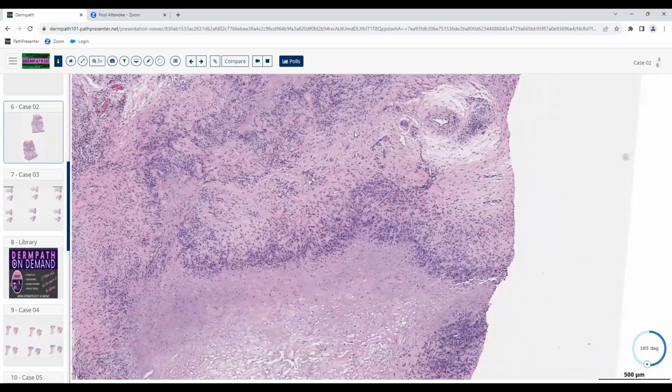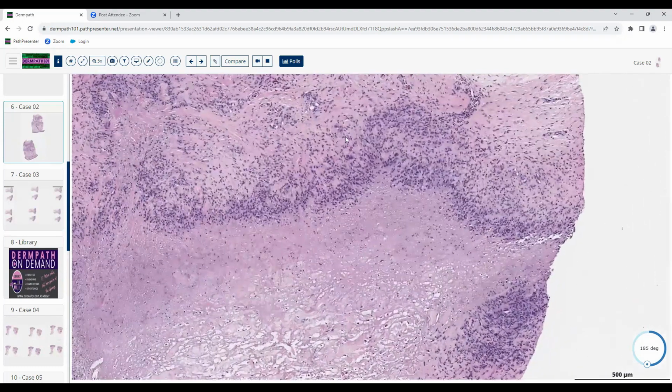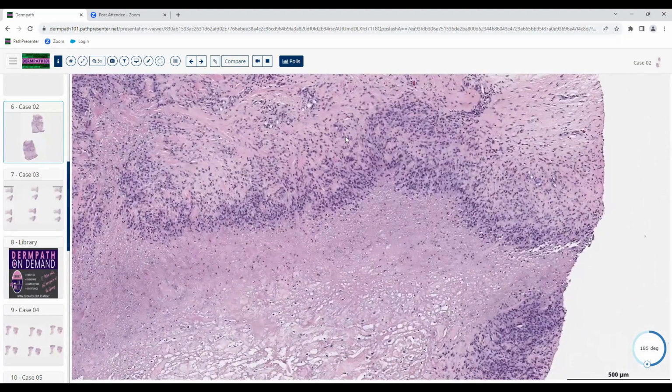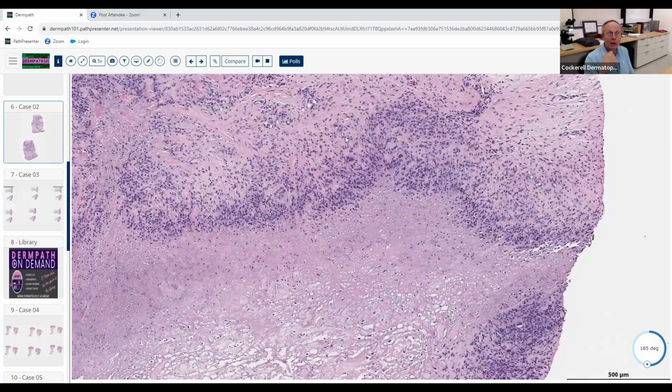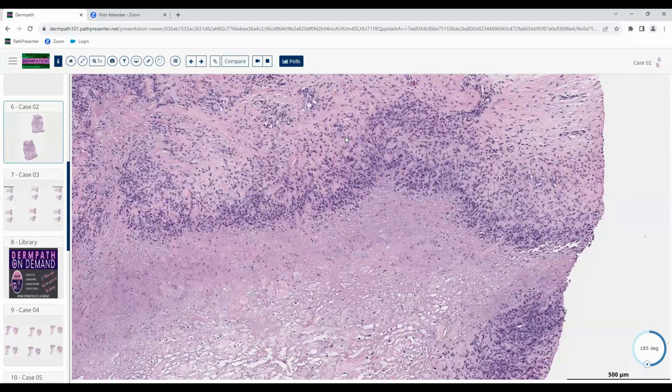Yeah, I think perforating. Good. You can get disseminated granuloma annulare, and interstitial granuloma annulare, the interstitial GA type. Good.